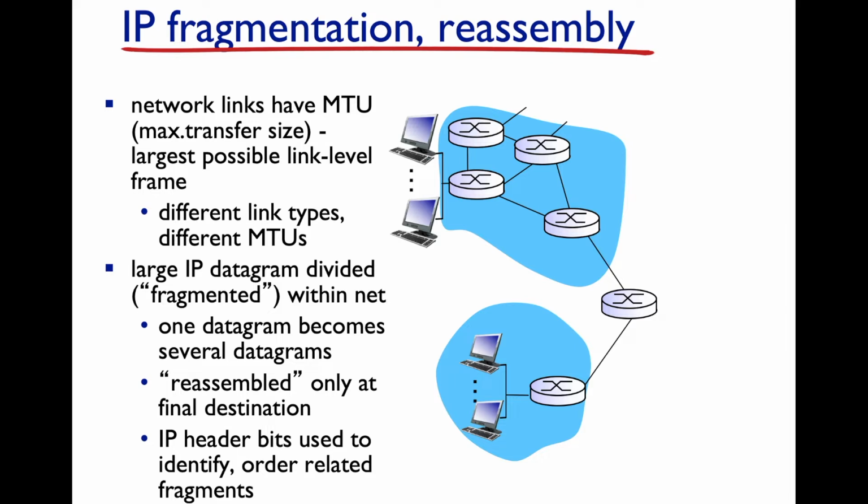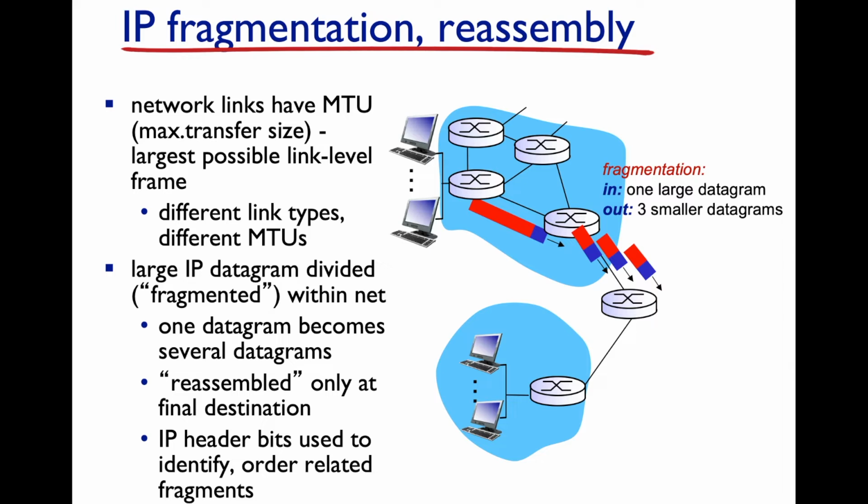So here we have a datagram that goes from that top or left-hand router to this next router along a link, and that link has a particular MTU or datagram size. It's broken up into pieces, in this case 3 smaller datagrams, the fragments.